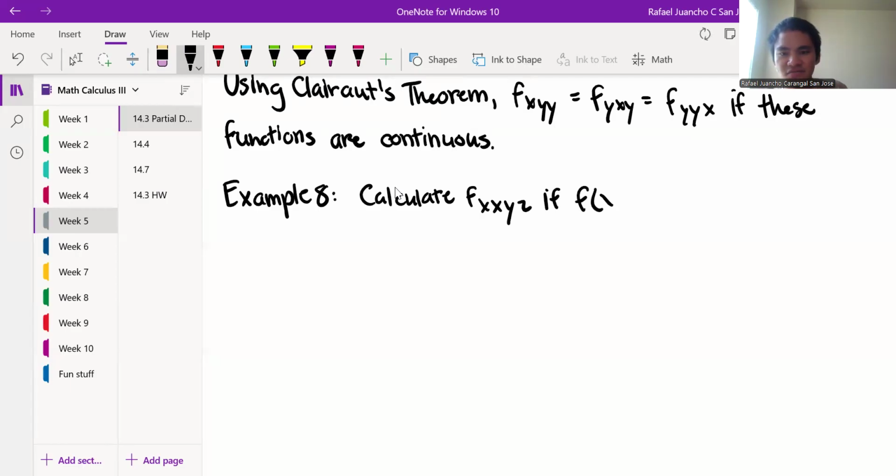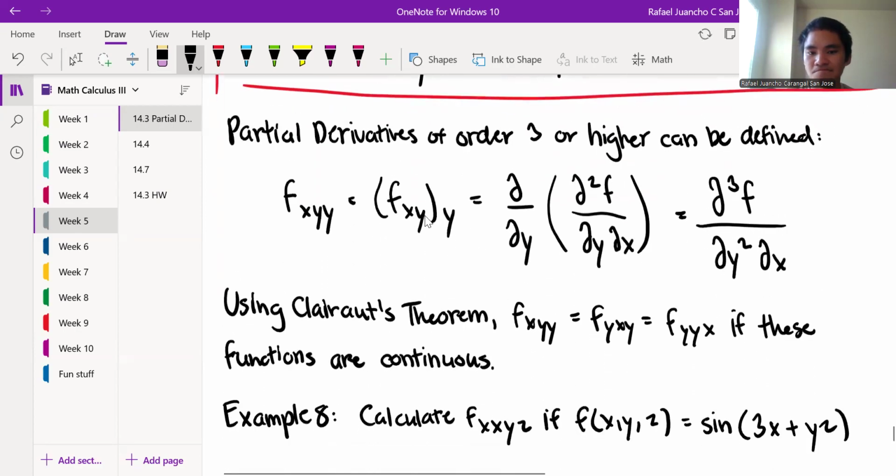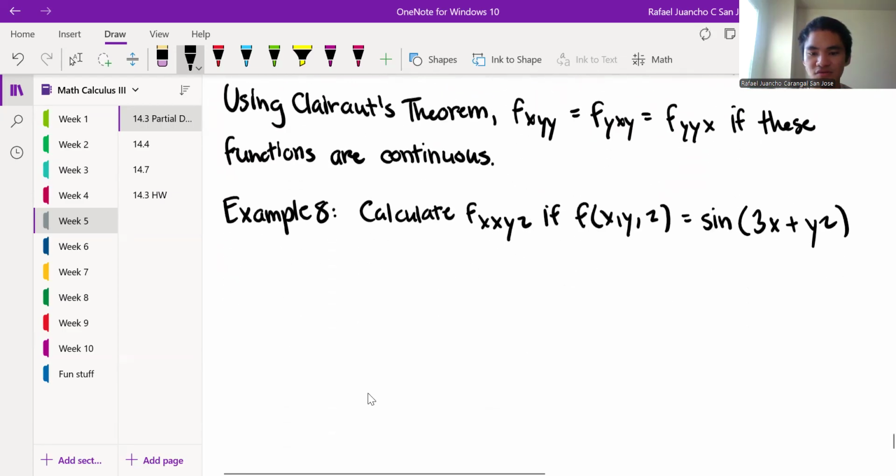Let's say our function of three variables is equal to 3x plus yz. That's interesting. There are four things now. I'm not blind, there's definitely four things here. That's fun.